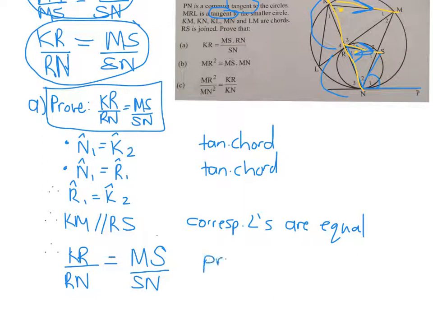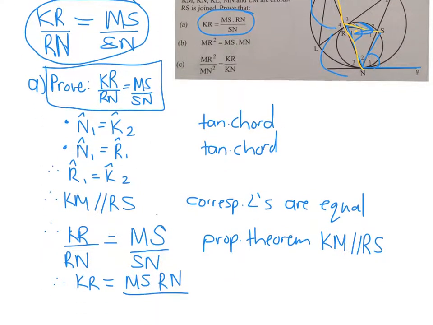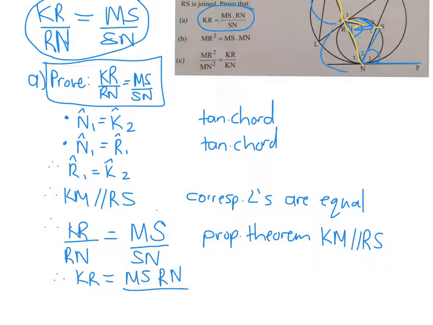Because of my proportion theorem, because I've proven that KM is parallel to RS, and now I'm just going to write it in that form. Therefore, KR is equal to MS times RN over SN. And there I have proven it.